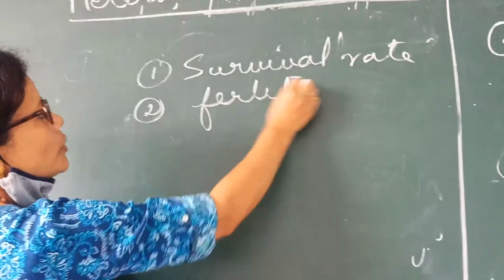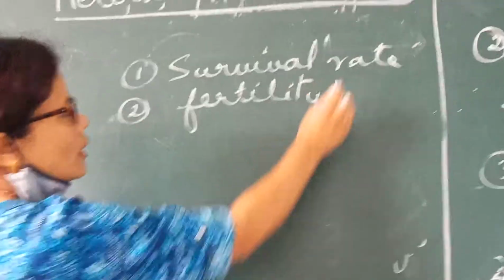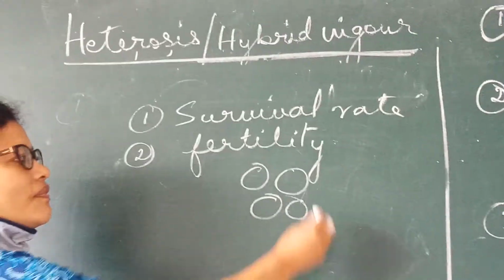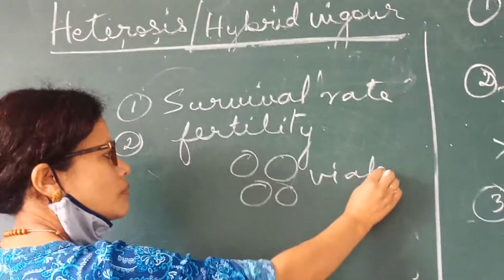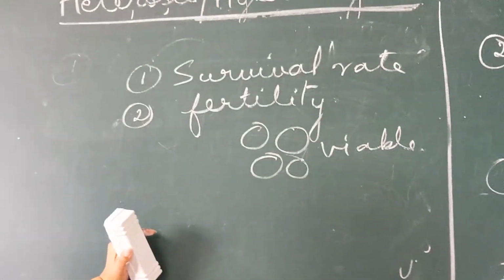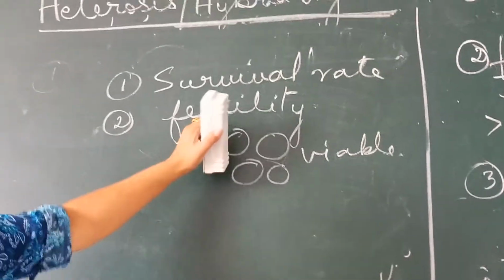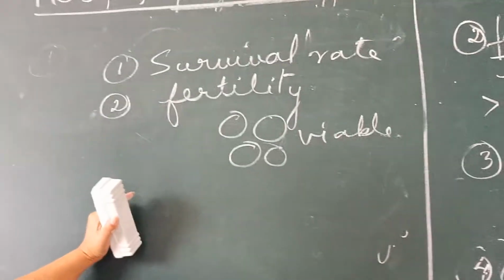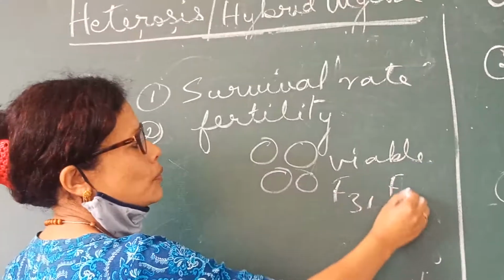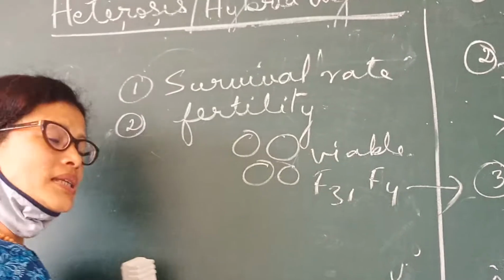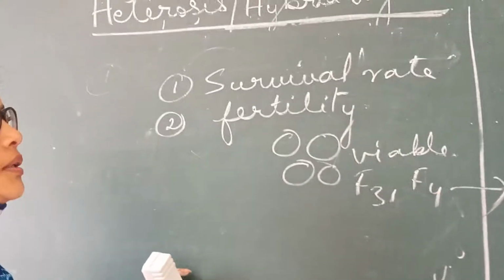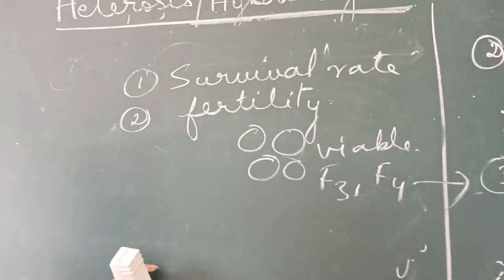This is very important for the plant. Whether the seeds are viable or not. The seeds that I get from a hybrid vigor plant, whether they are viable or not. Does it carry that fertility through F3, F4 generation, or does that fertility disappear with further filial generations?